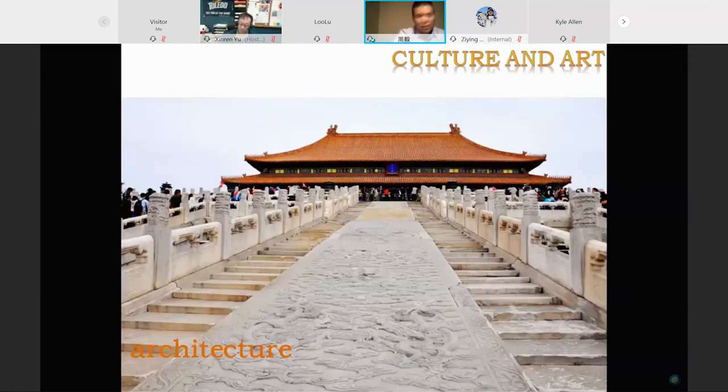And in Forbidden City, you can see dragon everywhere because we say dragon is the symbol of the power of emperor. So you can see, hey guys, see the dragon there on the stairs? When people go up to the palace, they will pass the dragons here. There are 9 dragons on the stone.